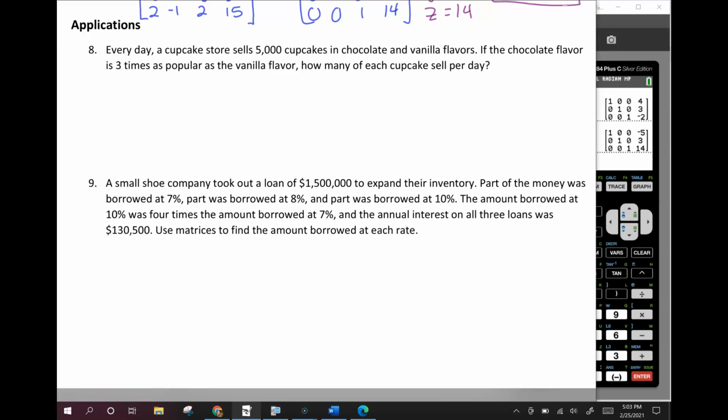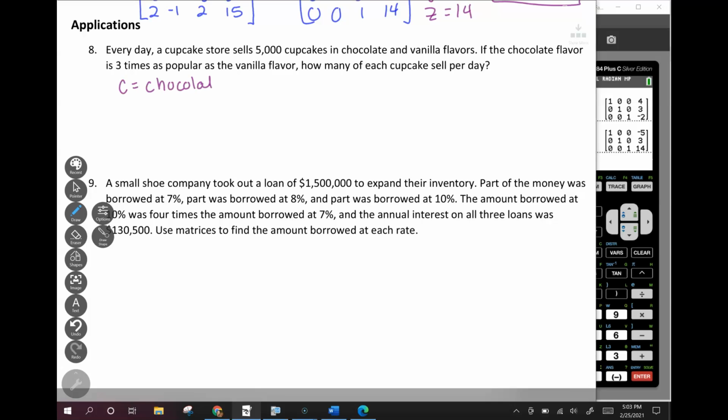So our variables need to represent the number of cupcakes. So I could say C equals chocolate cupcakes sold per day.